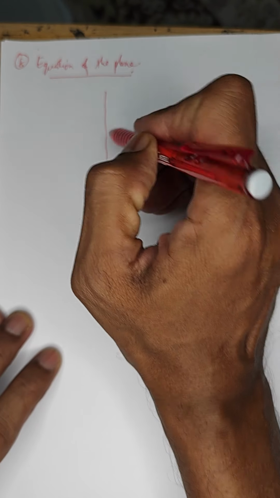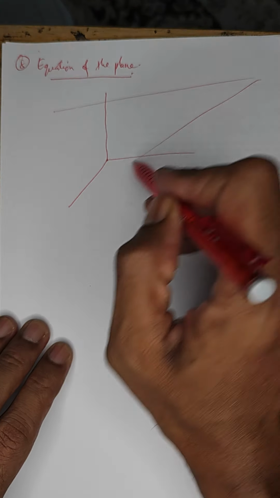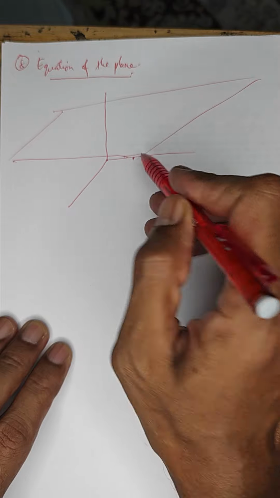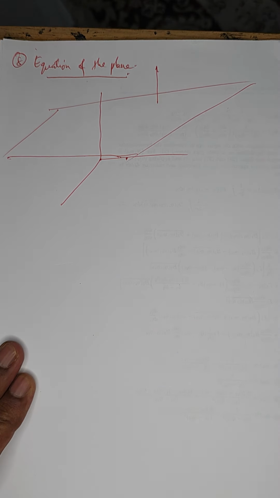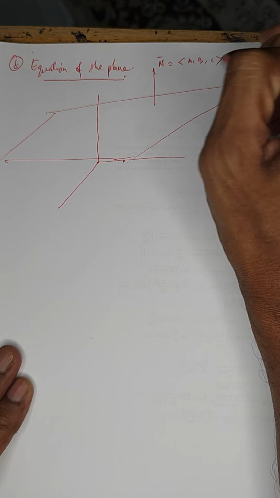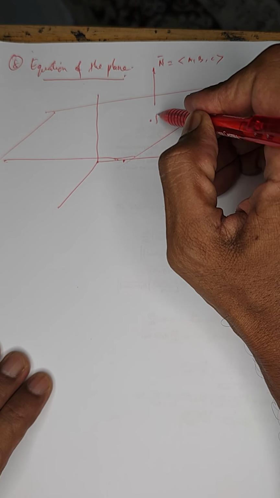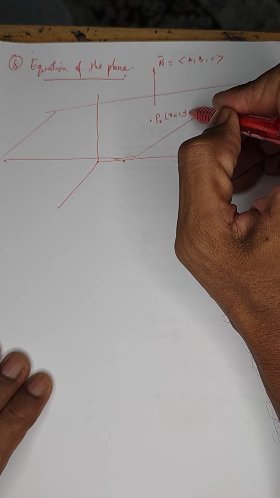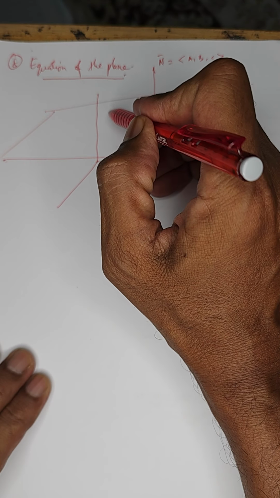Now in three dimensions, let's say this is our plane. On this plane we have a normal to that plane. Let's call this n with components a, b, c, and we have a point P0 with x0, y0, z0, and any point P on the plane.